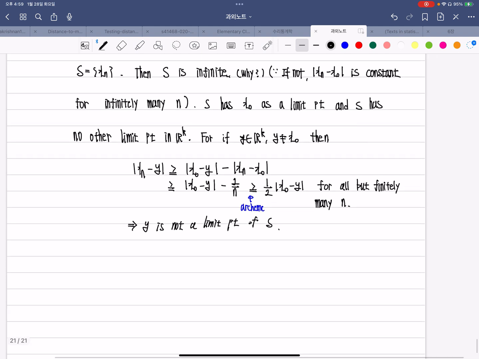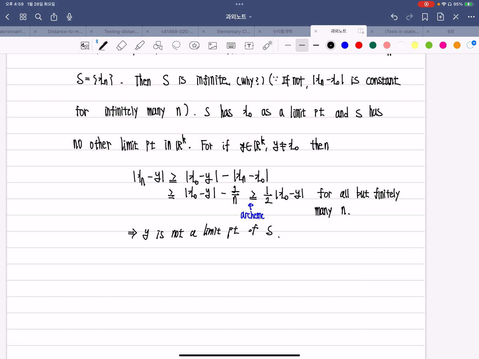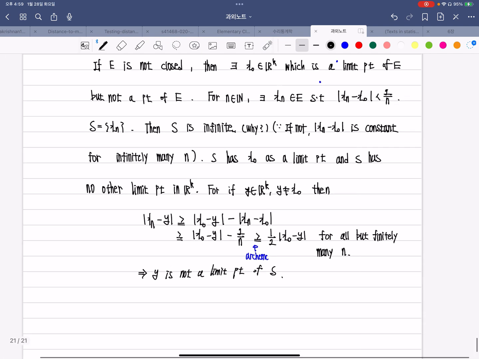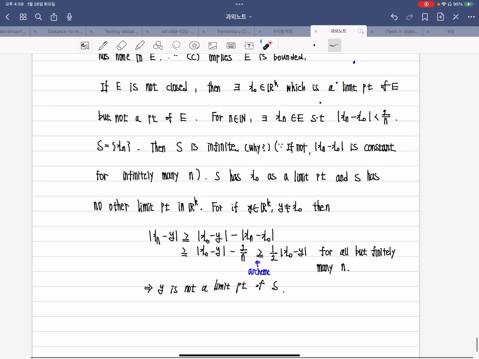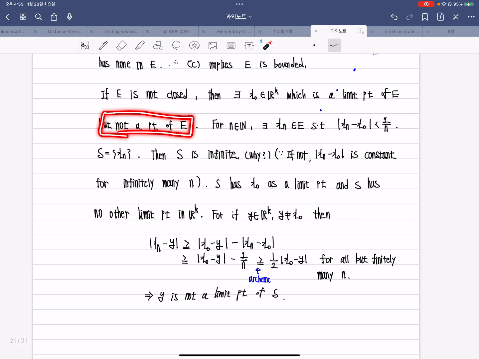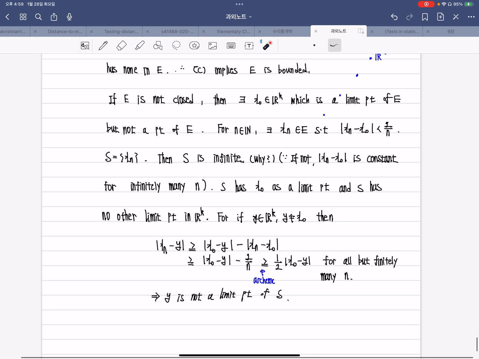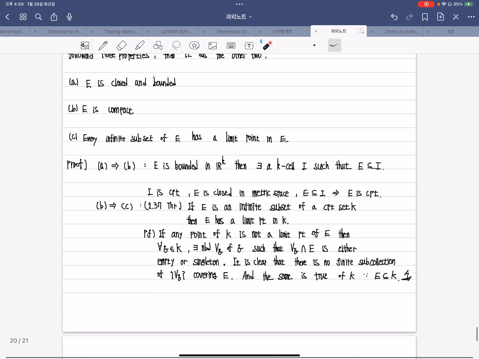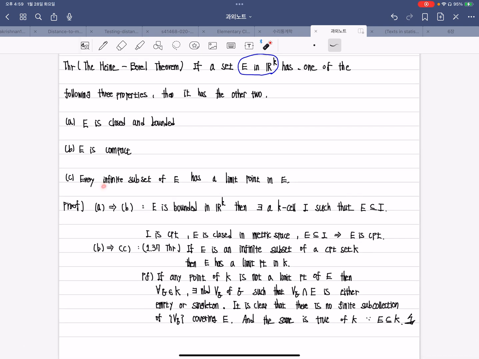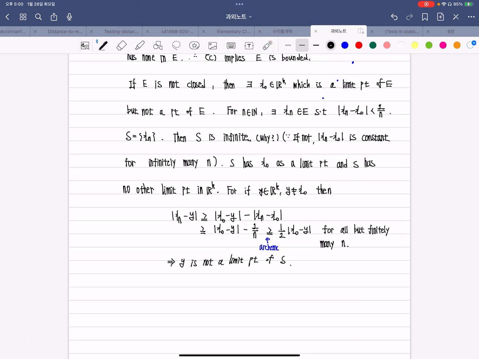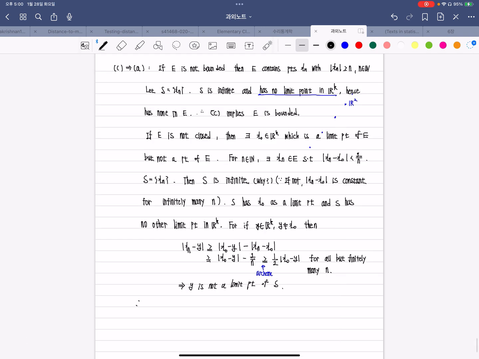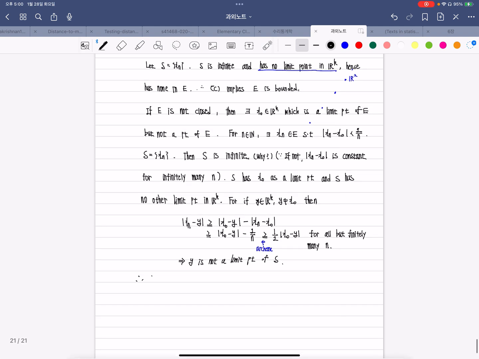Thus, S has only the limit point x0, but this x0 is not a point of E. So this is a contradiction. We can conclude that E is closed.